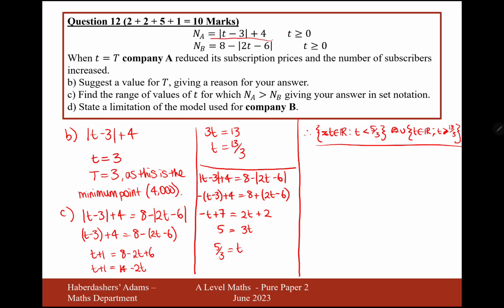If we look at this equation here, as time goes on, as t goes above 7, N_B starts to become negative. Yeah, 7 is fine, because it's going to be 14 minus 6, which will give you 8, and then 8 minus 8 is 0. So N_B becomes negative.